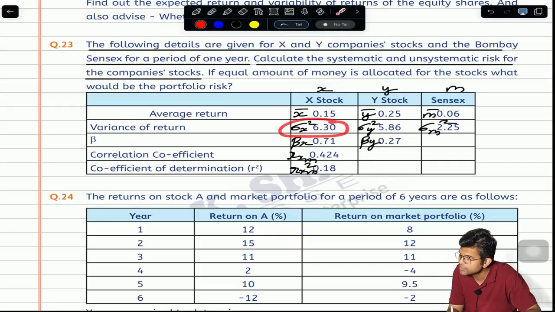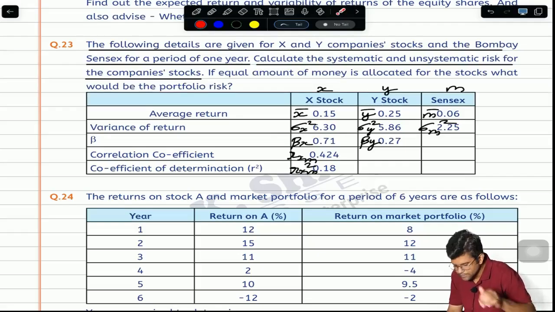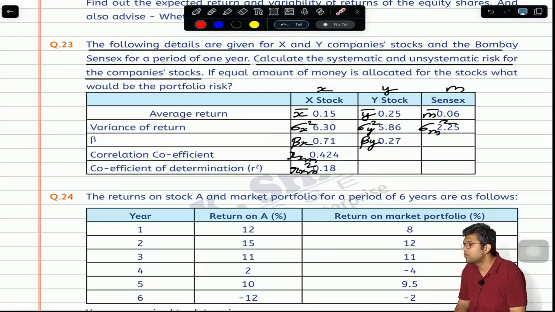This, can I say, is total risk? Please check. Can I say difference between total and systematic will be unsystematic? Everybody clear? Can I say we can easily find out SR and USR for both companies?